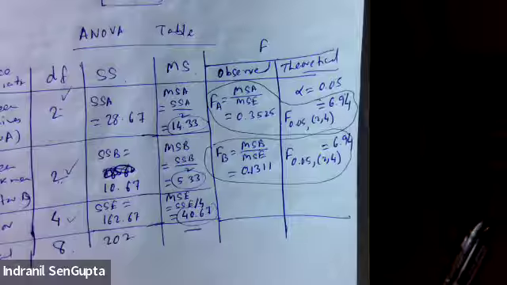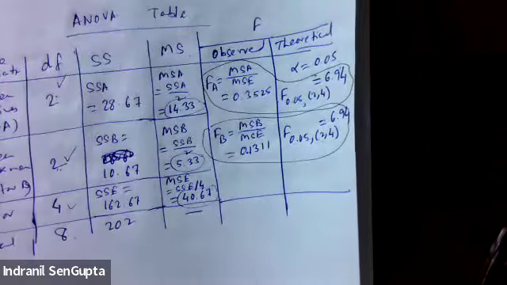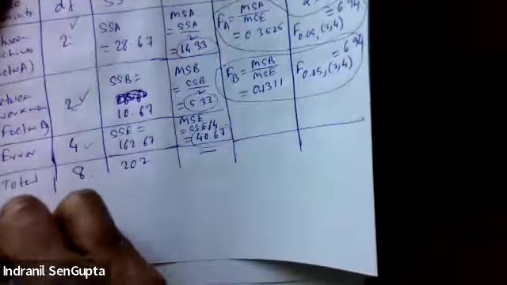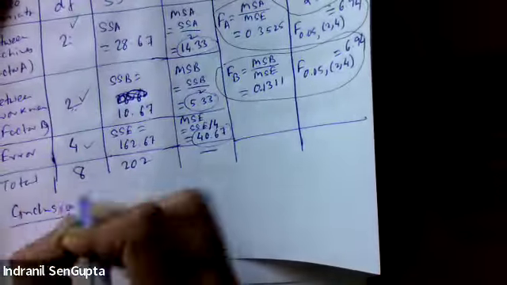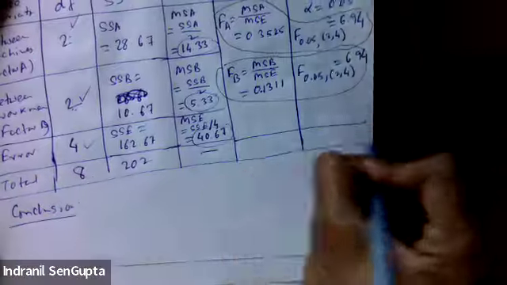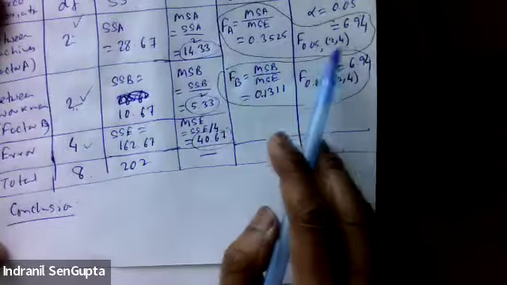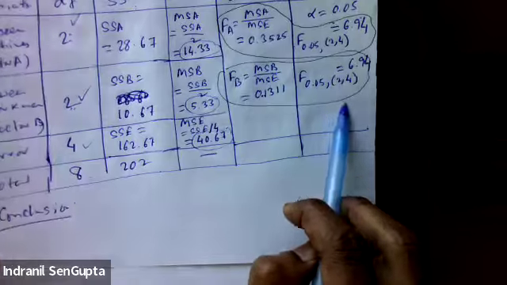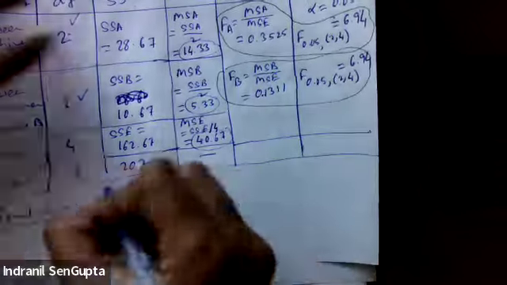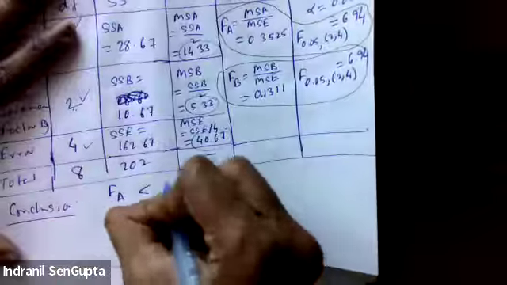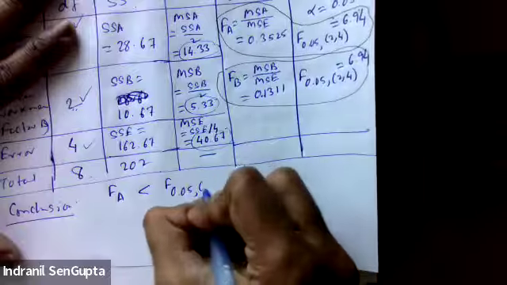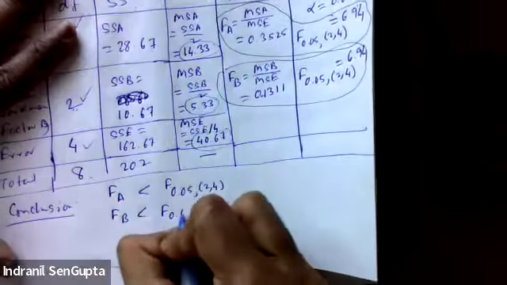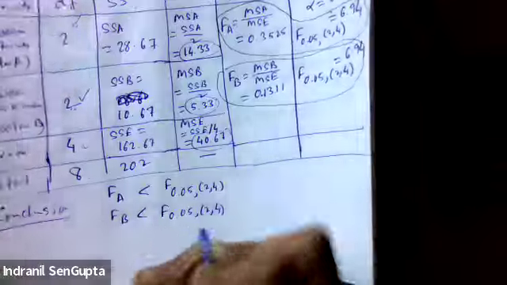Okay. So now we are ready to conclude. So conclusion, we observe that the observed value is always less than the theoretical values, right? So FA is less than F 0.05 with appropriate degrees of freedom, that is 2, 4. And also FB is less than F 0.05 with appropriate degrees of freedom.